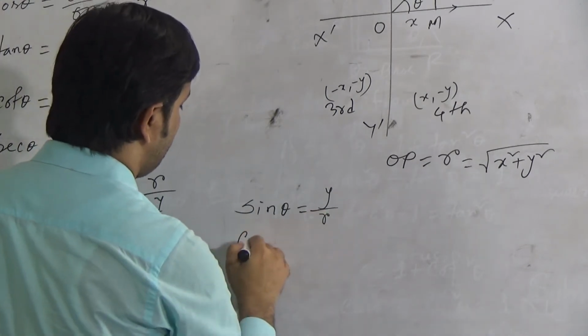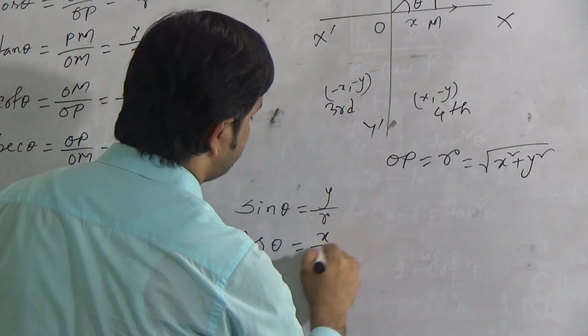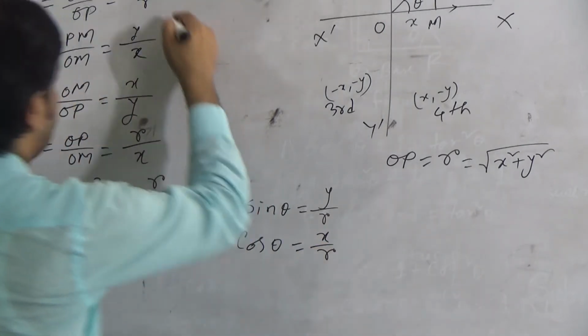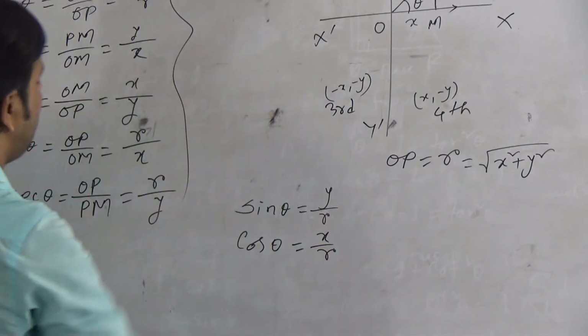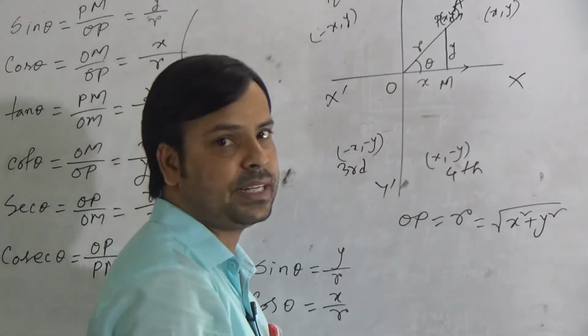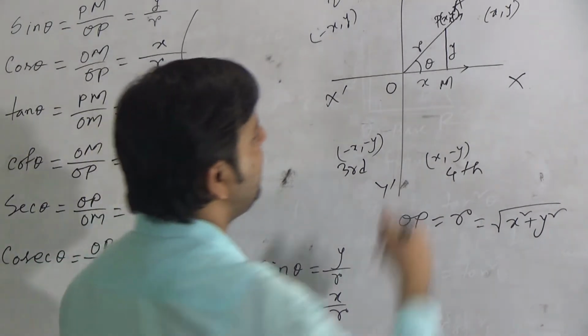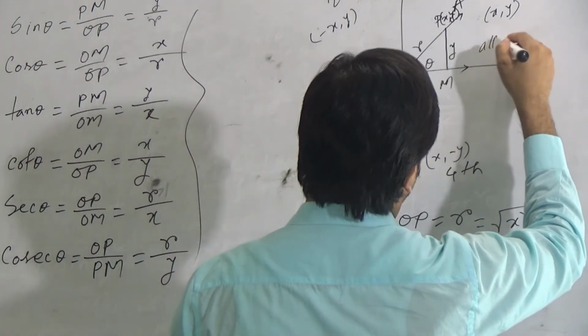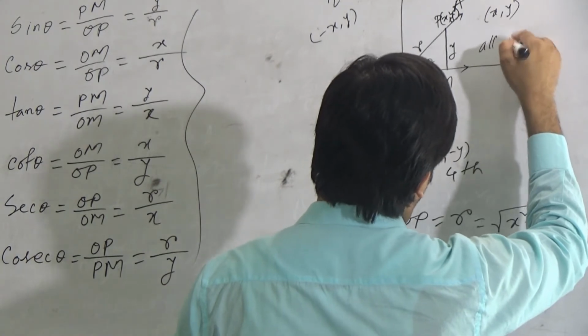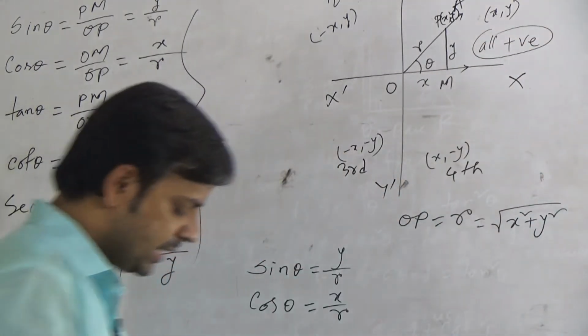Cos theta also will be x by r. It means that in this way we will get all these in the first quadrant. All the trigonometric ratios will be positive in the first quadrant. So in short, we can write all positive.